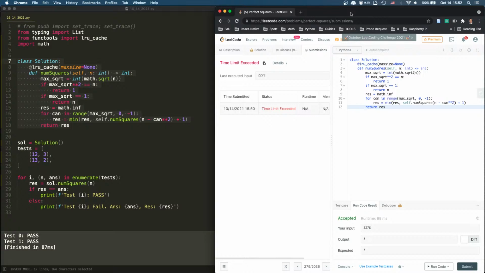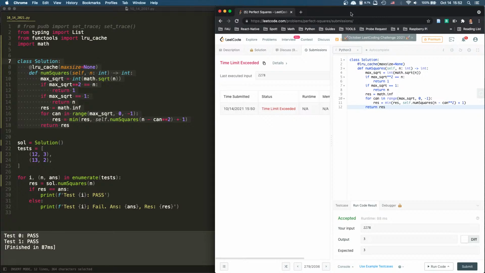And then we can try bottom up, or well, end it first, end it fast.